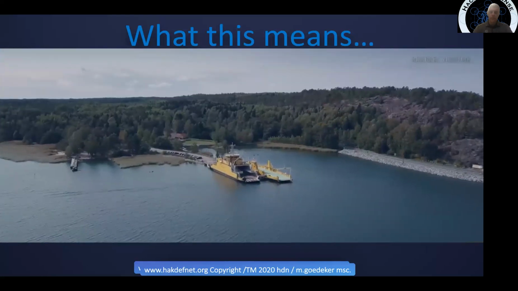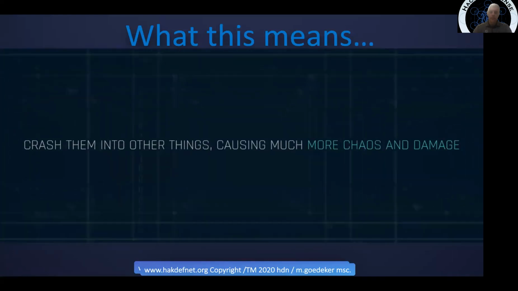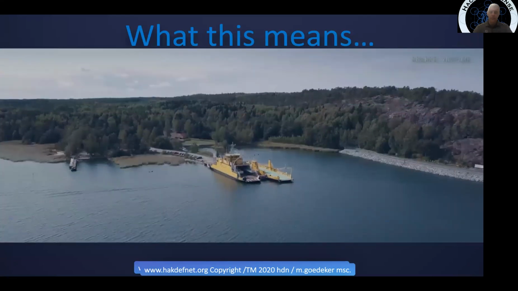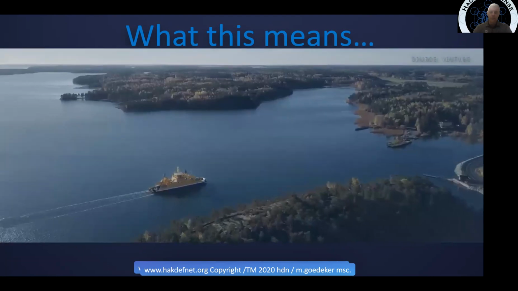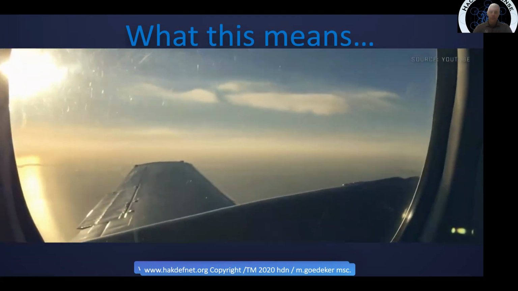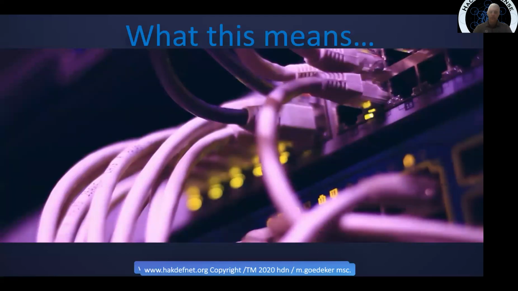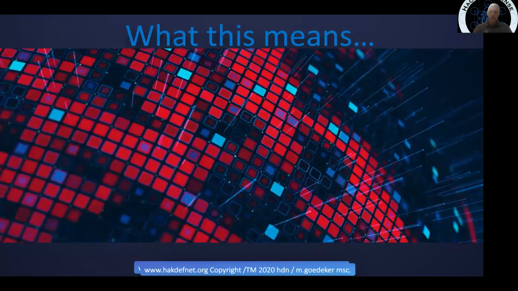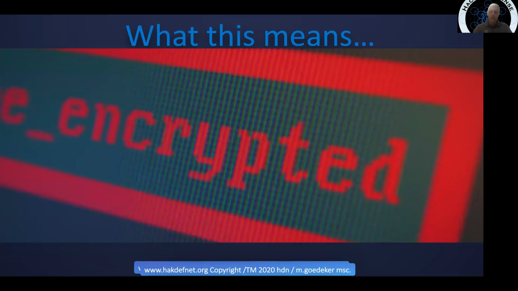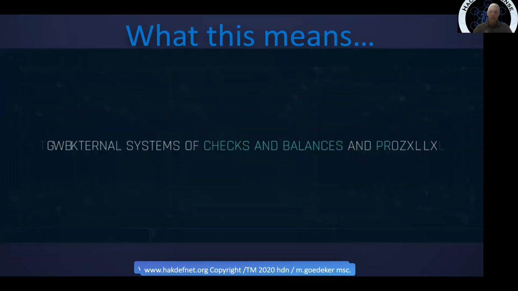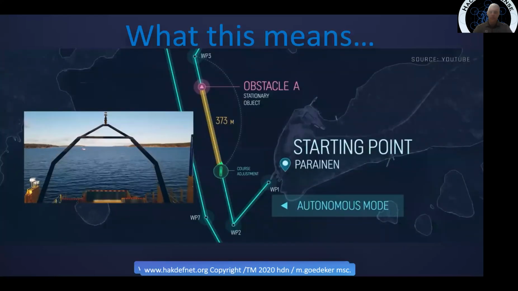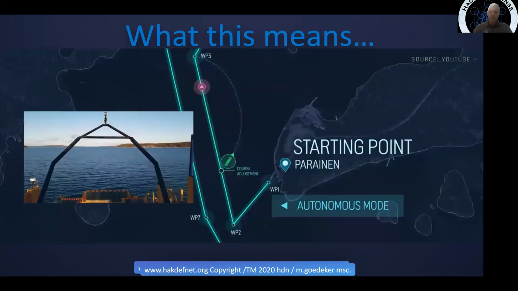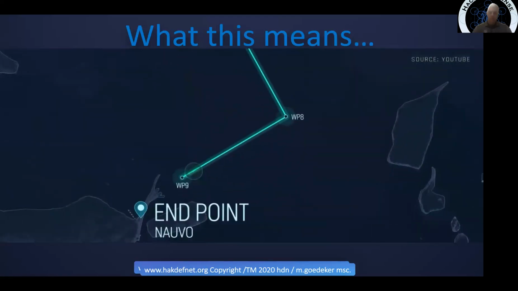They can steer them into a collision course with other ships, crash them into other things, causing much more chaos and damage, or even steal these ships without anyone being aware of it until it is too late. If we think ahead of this very simple scenario, we could have safety measures in place to prevent this, using things like encrypted embedded signals in the systems, checksums, and internal systems of checks and balances and processes, as well as the procedures that are needed to alert the security teams that something may or may not be wrong or amiss.